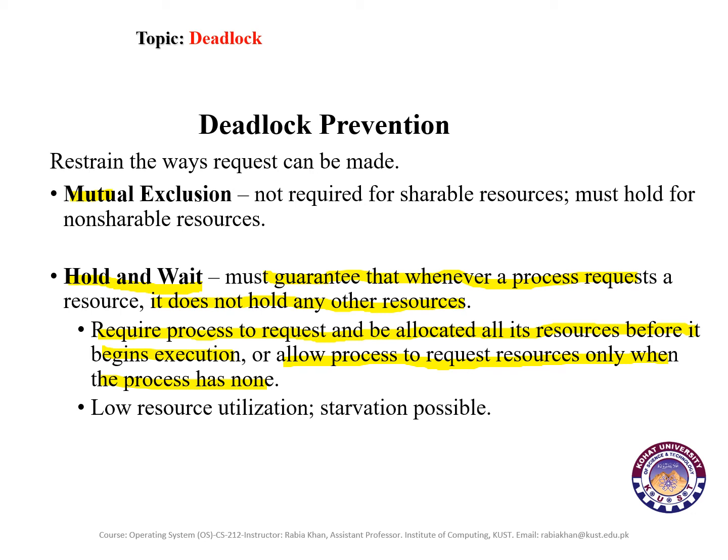But by doing so, some of the resources may be underutilized and resource starvation may be the result. So low resource utilization may happen, which can bring starvation, as some of the resources may never or very rarely be requested.